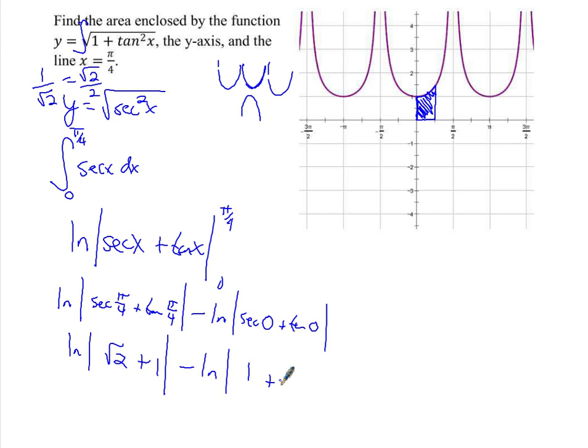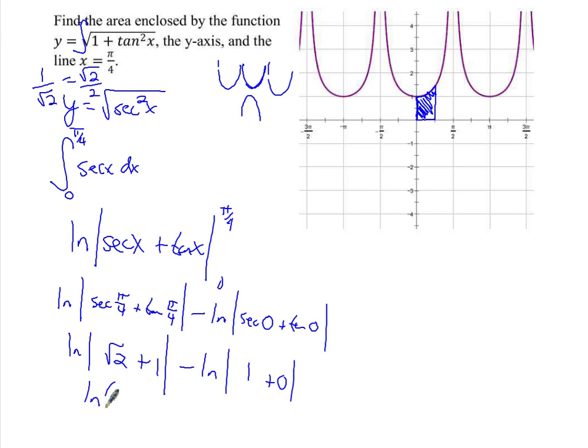Now it's 0. All right, so we have the natural log of the absolute value of the square root of 2 plus 1 minus the natural log of the absolute value of 1. Do I need the absolute values anymore? No, because I have a positive and a positive here, and a positive here, so I don't need absolute values, and I don't need my calculator just yet.